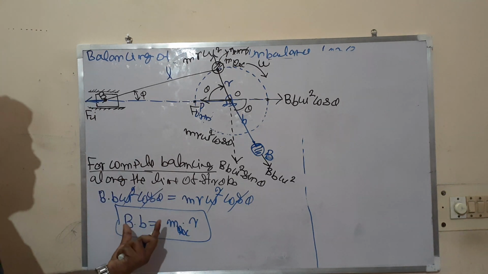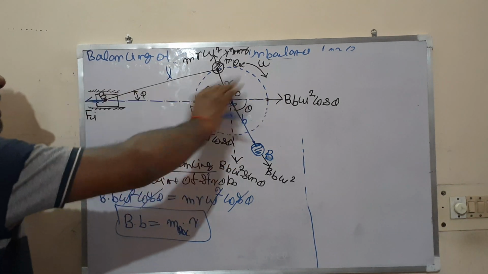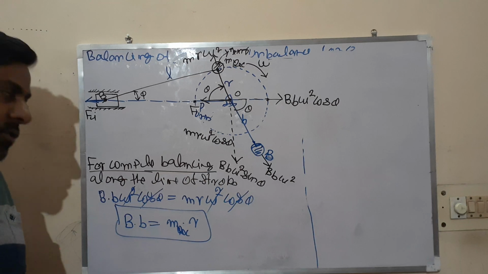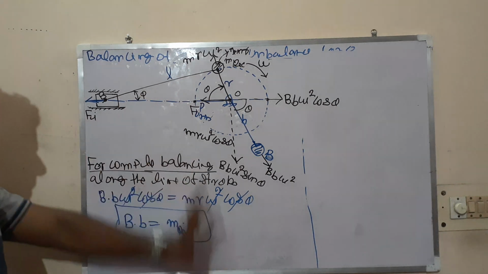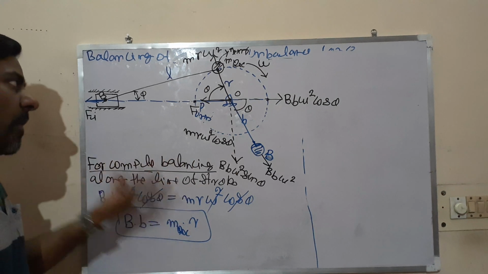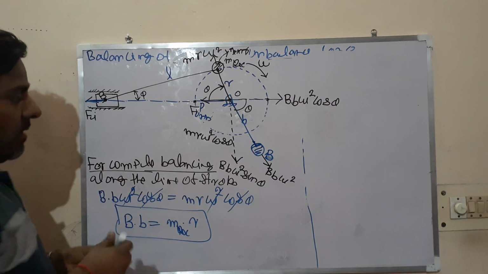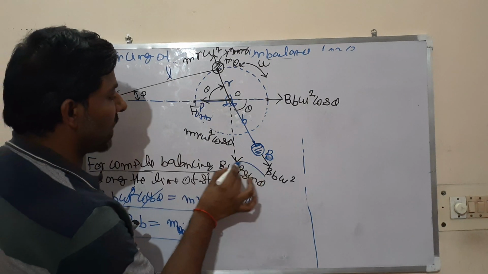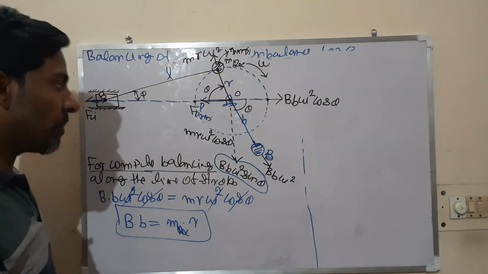So this is the condition for complete balancing along the line of stroke. But you are able to balance along the line of stroke, while BB omega square sine theta is remaining unbalanced.